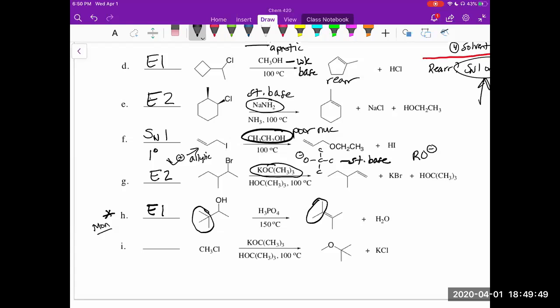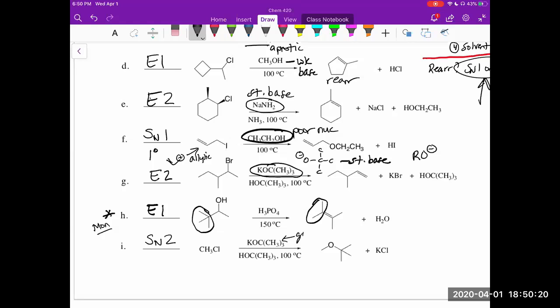All right, this next one, substitution or elimination? Substitution. SN1, SN2? SN2. What makes you say that? You have a strong base. That's that OR minus.